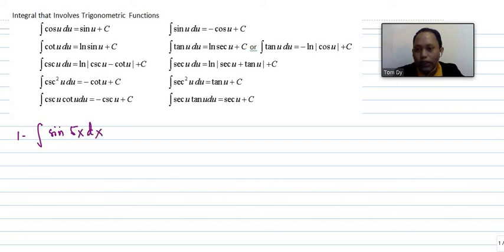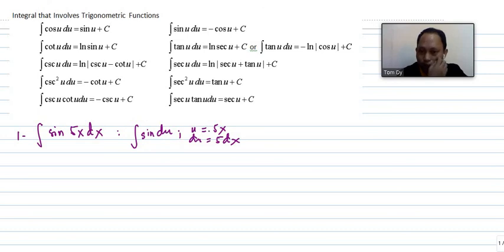If you have noticed, we can make use of the formula, the integral of sine u du. If we use this formula, then we have to check our u, which in this case is 5x, and then the derivative of u equals the derivative of 5x, which is 5 dx.